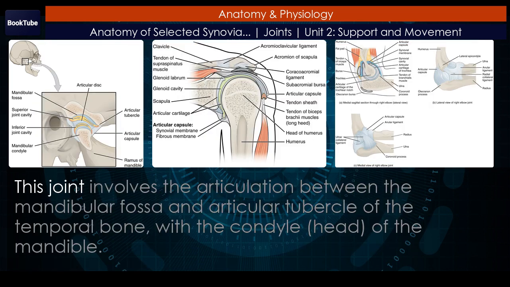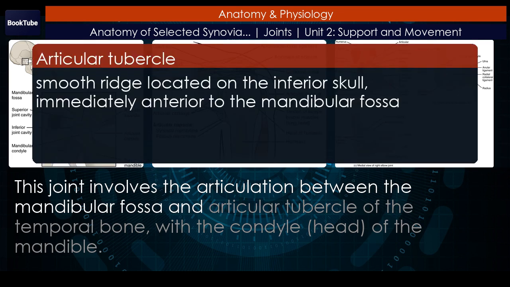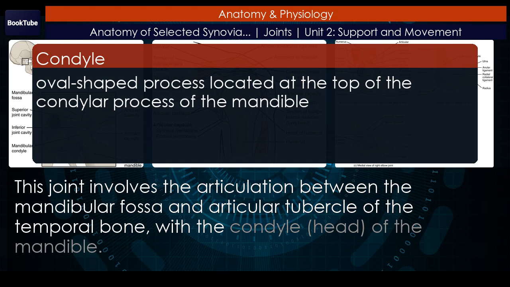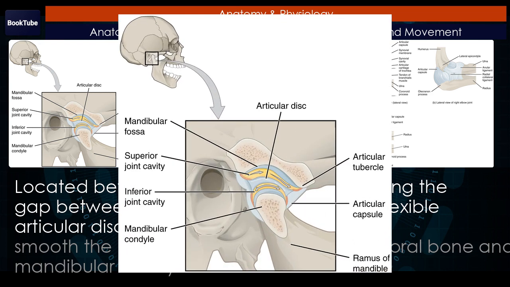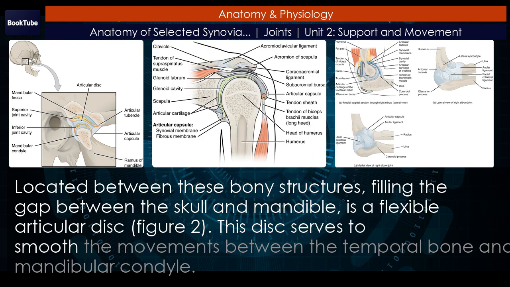This joint involves the articulation between the mandibular fossa and articular tubercle of the temporal bone, with the condyle head of the mandible located between these bony structures. Filling the gap between the skull and mandible is a flexible articular disc. Figure 2. This disc serves to smooth the movements between the temporal bone and mandibular condyle.